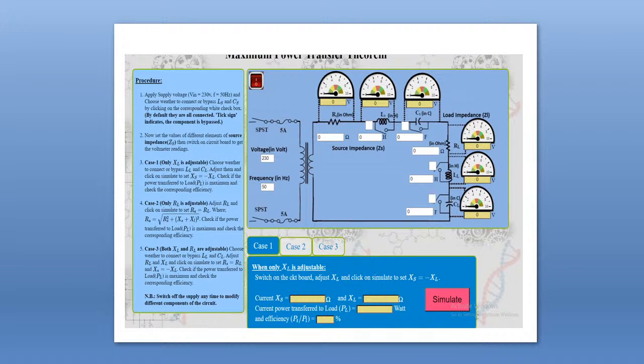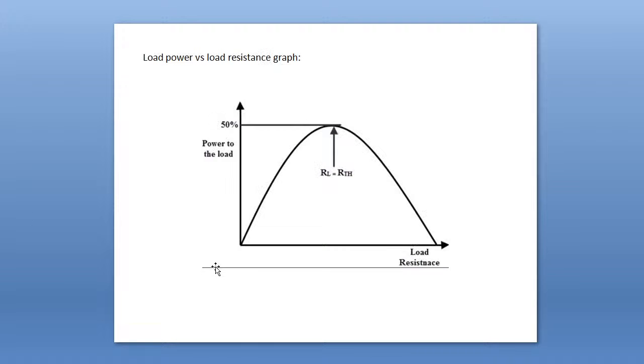write in your chat box the value of load resistance for which you will get the maximum power. Sorry, I said maximum efficiency, I mean maximum power. You tell me the value of load resistance for which maximum power will be delivered from source to load.